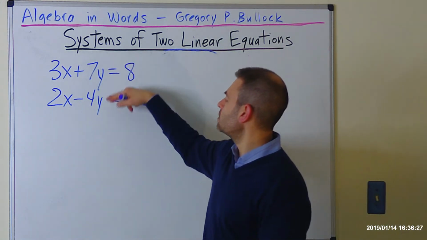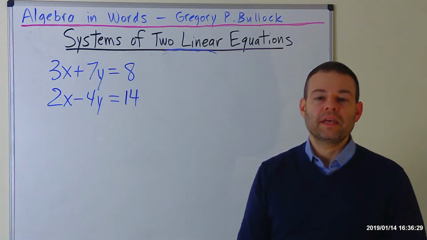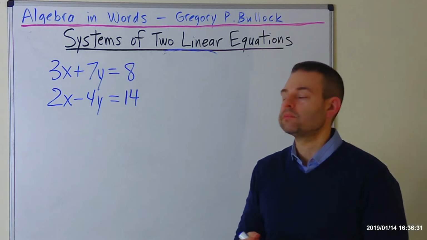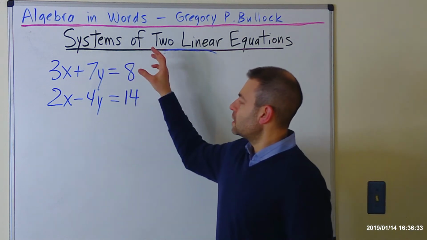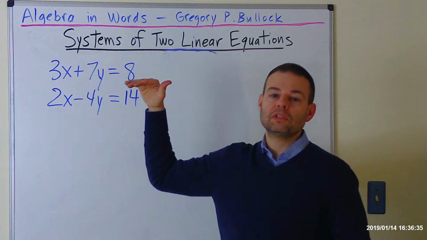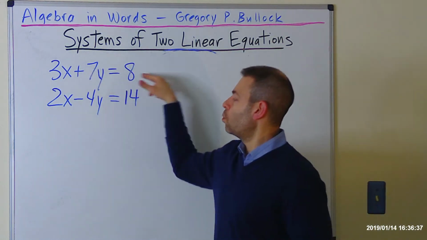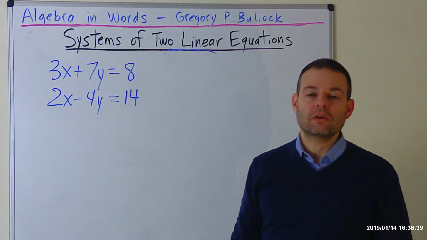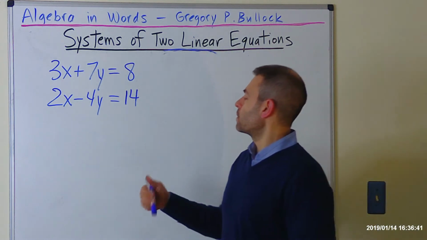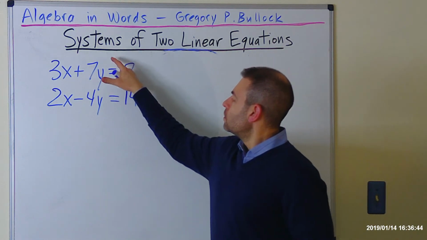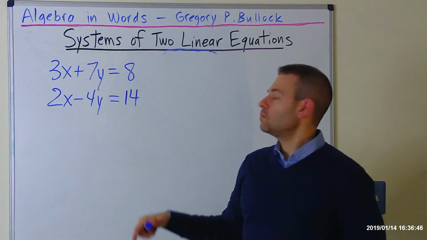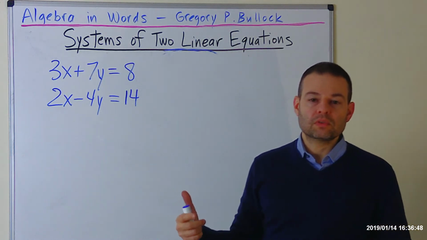All right, now let's look at the y terms. And again, we kind of have a similar situation. There's not only one number that you can multiply one equation by that would make the terms opposite. For example, to make the y terms cancel out, we could maybe use the number 28.